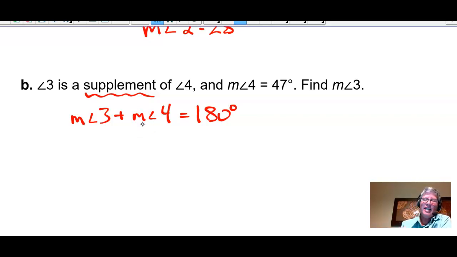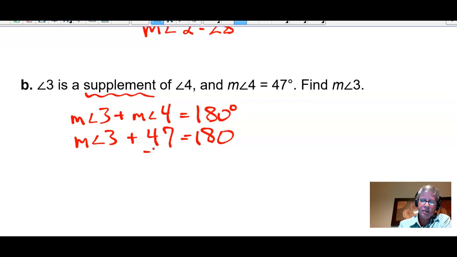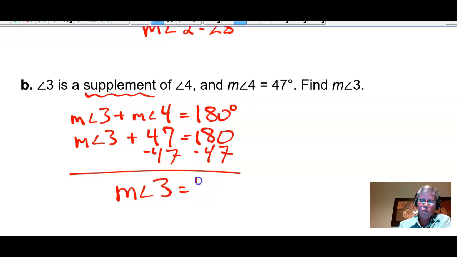If we only said angle 4, we're talking about like an actual stick figure. You can't really add stick figures. You can add the measure of the stick figures. So they tell you that angle 4 is 47, so measure of angle 3 plus 47 equals 180. Subtract 47. Boom! Measure of angle 3 is equal to 133 degrees. Life's good. Everybody's happy.